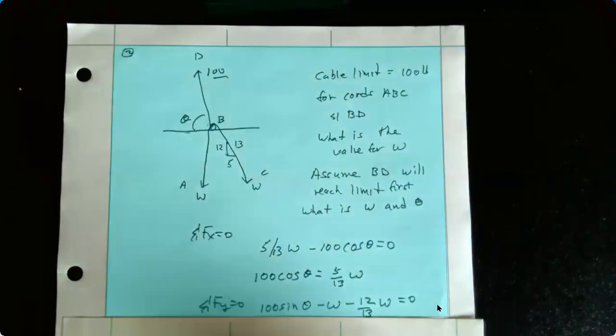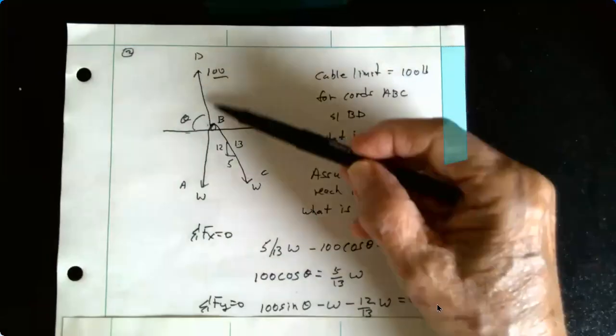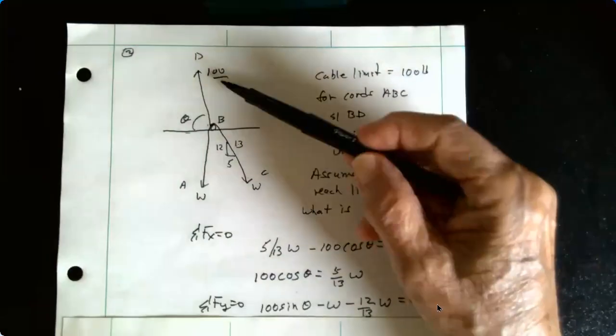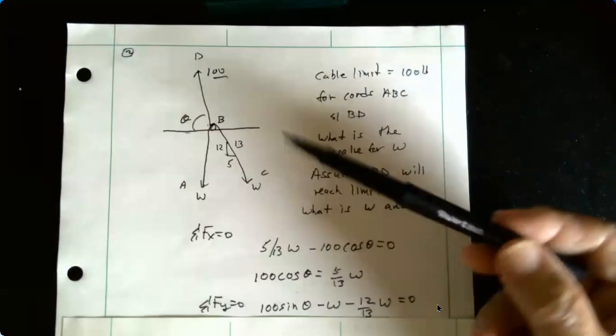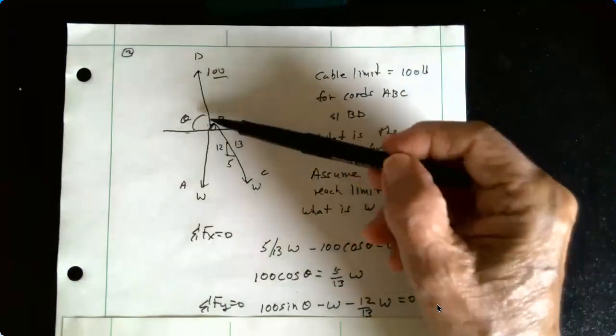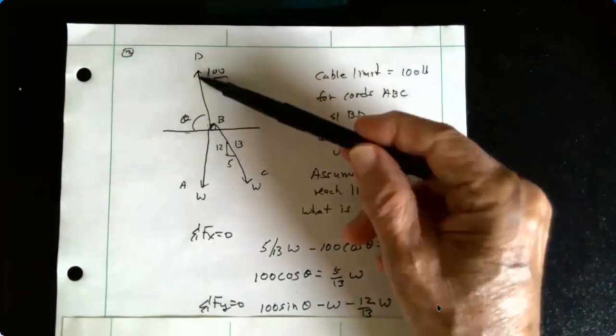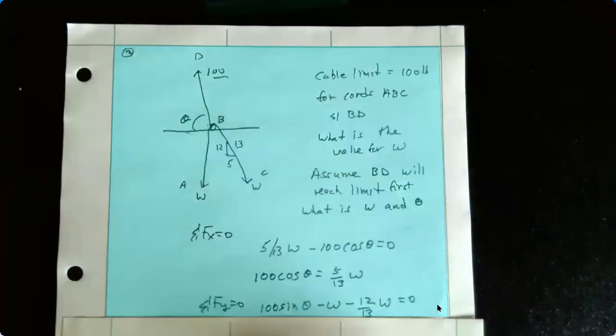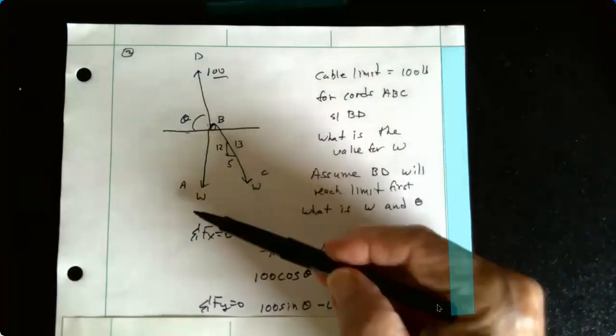So let's take this one first. It's in the positive Y direction, so it's 100. And again, the vertical component, here's the angle theta, is going to be opposite, so it's a sine function. So it's 100 sine theta. And we have a minus W here.